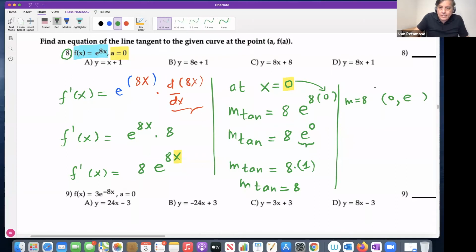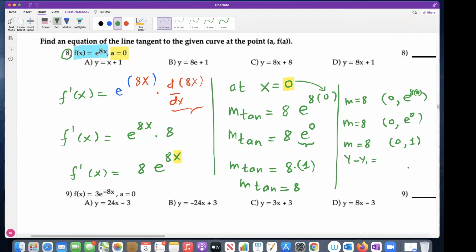So you just do an evaluation and you get your output value there. So not a problem. e raised to 8 times 0 is e raised to 0, which is just 1. So bottom line, you're looking for a line whose slope is 8 and has a point (0, 1), right? And then using y minus, sorry, y1.